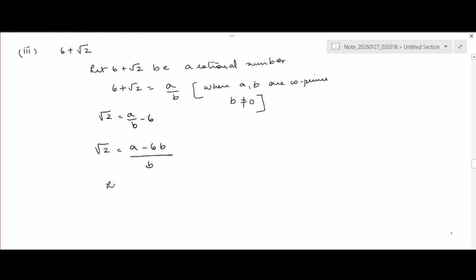So let root 2 be rational, because the right hand side is in the form of a by b, so the left hand side also we have taken as rational.